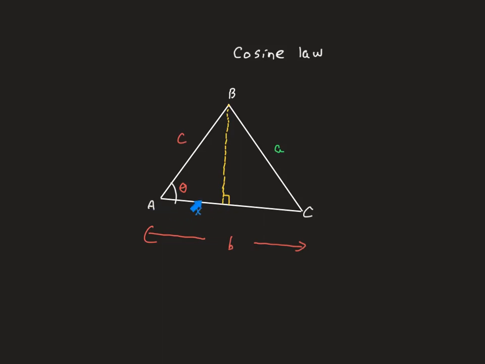And from here to here is x, because I don't know what it is, and I can't just say it's b divided by 2. No, it's not that. So my other part would just be b minus x. And of course I don't know what this line is here, so let's just give it another letter. You can give it any letter you want. I'm going to call it h.